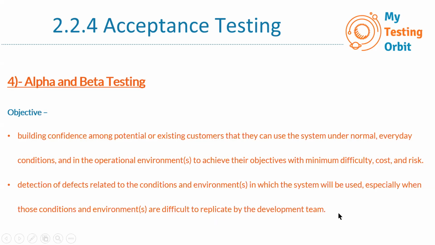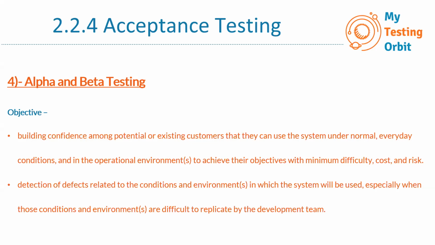And especially for those conditions where it's difficult to replicate by the development team. Sometimes there are a few defects which, in a specific environment, we either can't replicate or we can't test because of different situations. There might be some scenarios which a tester would have identified as good to test, but because of some limitations or any other factor, they couldn't be tested.